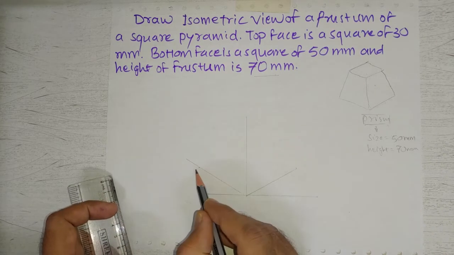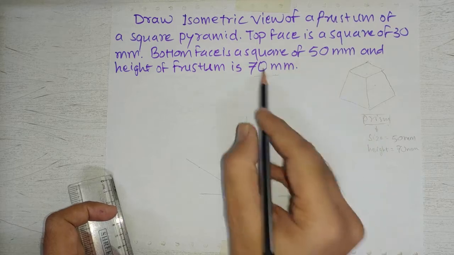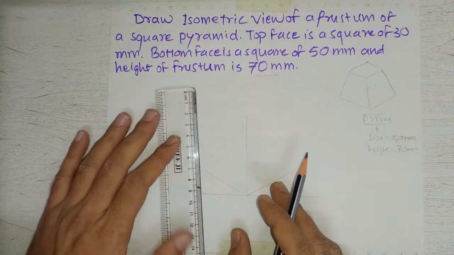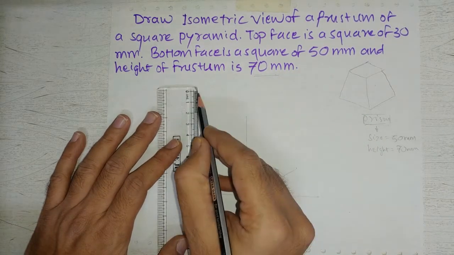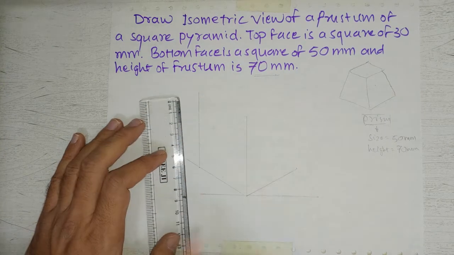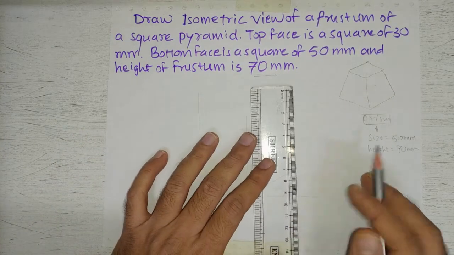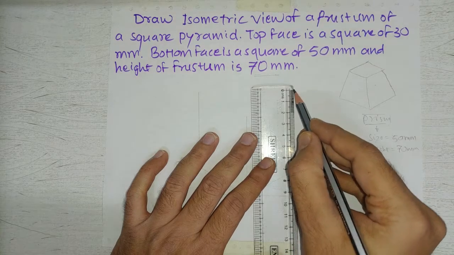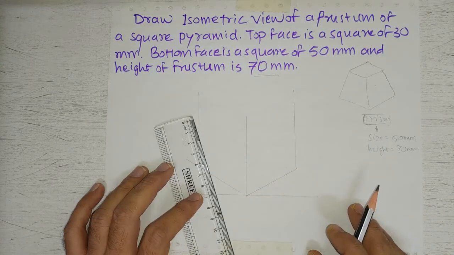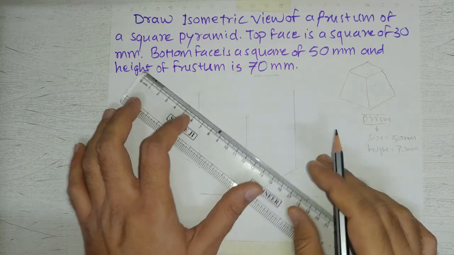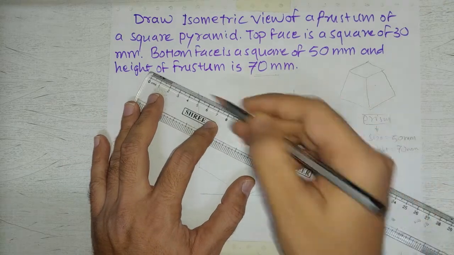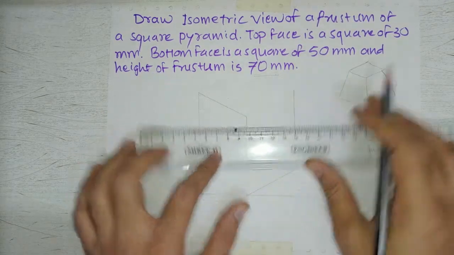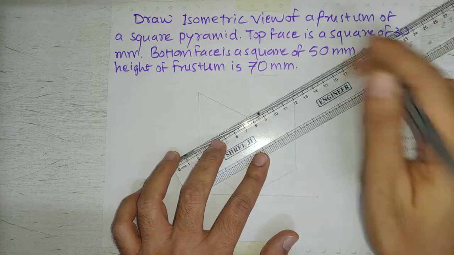Now from these 2 points we will again draw vertical lines of 70 mm. Then we will connect these points with straight lines. So automatically these lines would be lines of 30 degree with horizontal.